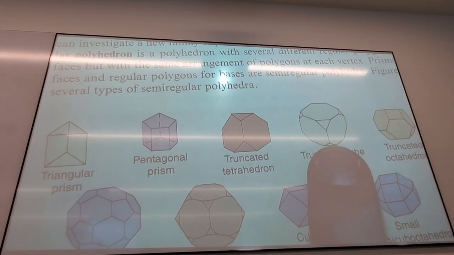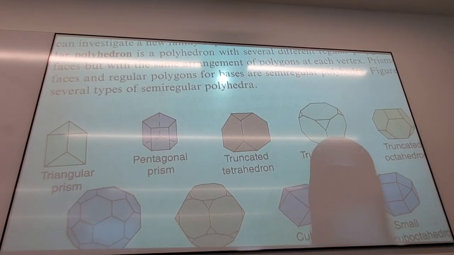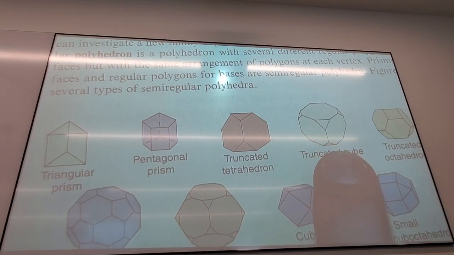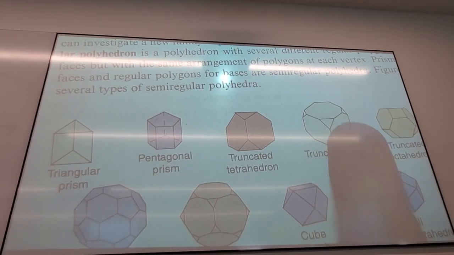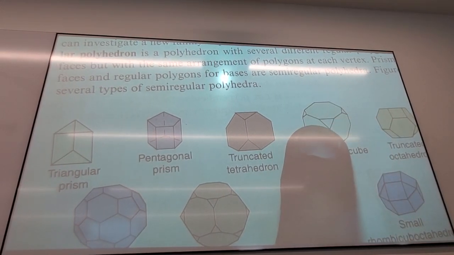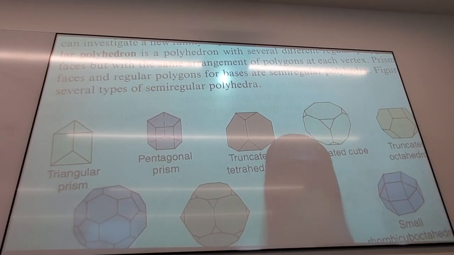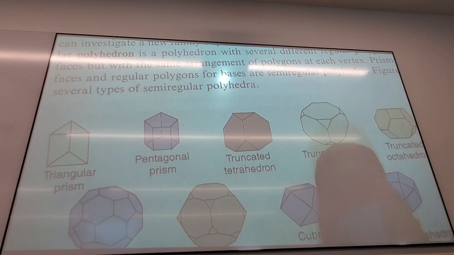It looks like an octagon on the side and an equilateral triangle on the vertices. So they are regular polygons, but they're not the same one.